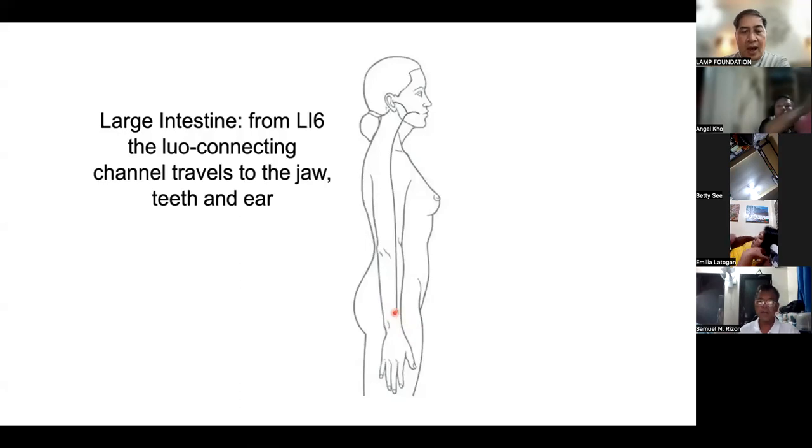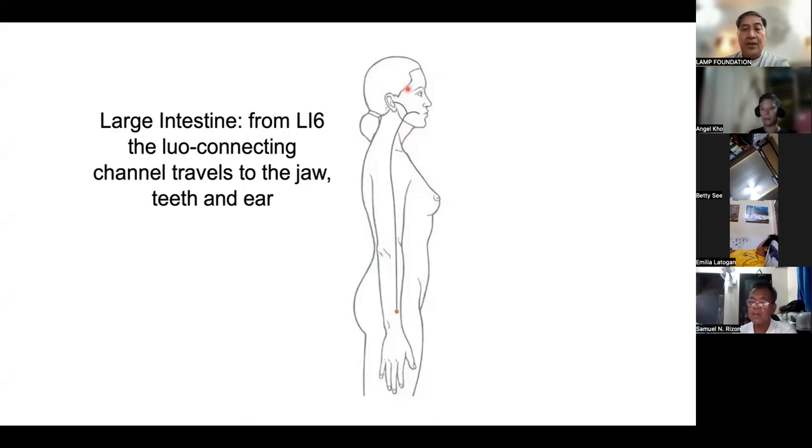So it's the LI na umalis dito sa LI6, then magjo-join siya sa lung 9 para sa lung channel. Another branch follows the arm to the shoulder, crosses the jaw, and extends to the teeth. Another branch separates at the jaw, and then it will enter the ear region. So teeth and ear. So that's the luo connecting channel of the large intestine.